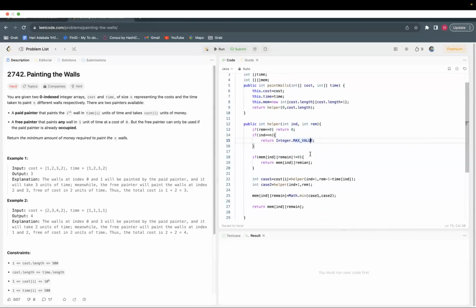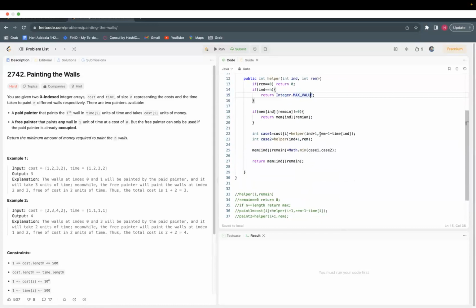So this should work. But one more thing, it is possible that this remaining might go to 0, then also it is fine. I mean, if that particular paid painter is painting the wall of cost 2, and if we have only one wall left, then this will be 2 minus 1 minus 2, which is minus 1.